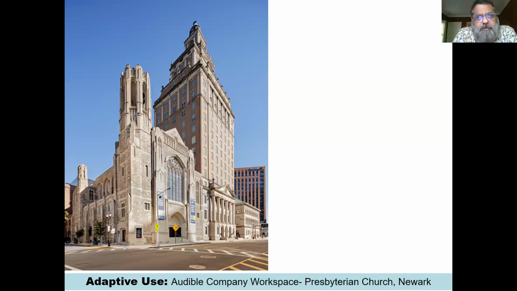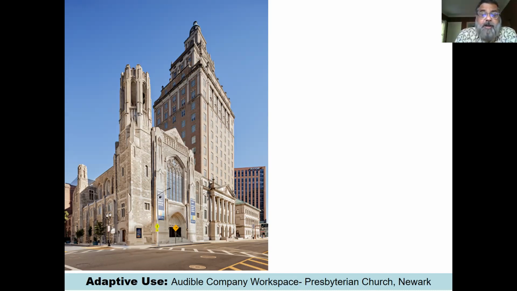Another example of a much larger reuse of a religious building is by the Audible company, which I believe Amazon is the parent company. So this Presbyterian church in Newark was opened in 1933 for a congregation that had remained active since 1811. And it continued to be a congregation until 1995.